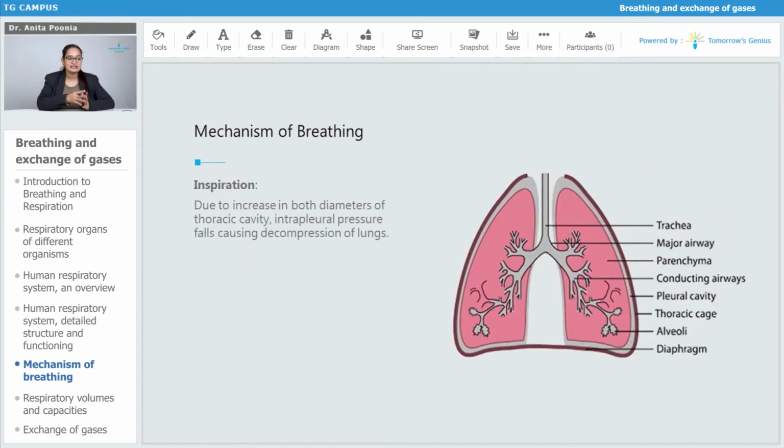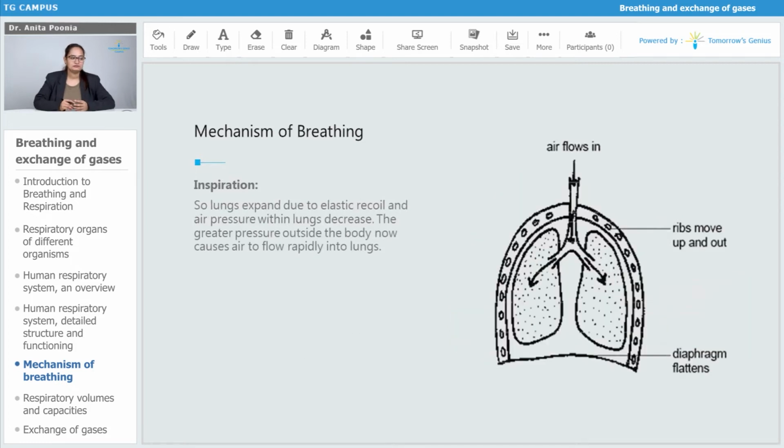Due to the increase in both the diameters of the thoracic cavity, the intrapleural pressure falls, causing the decompression of the lungs. So, the lungs expand due to the elastic recoil, and air pressure within the lungs decreases, and the greater pressure outside the body now causes the air to flow rapidly into the lungs.